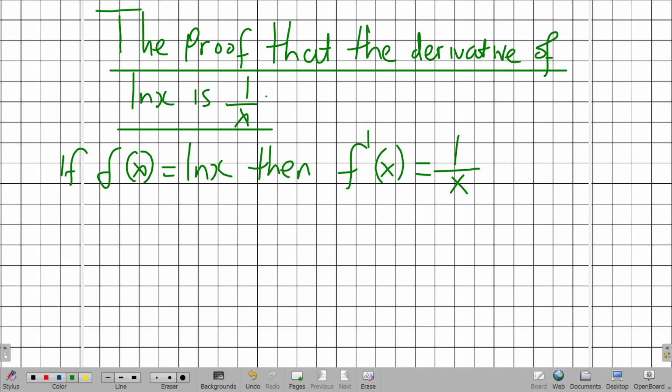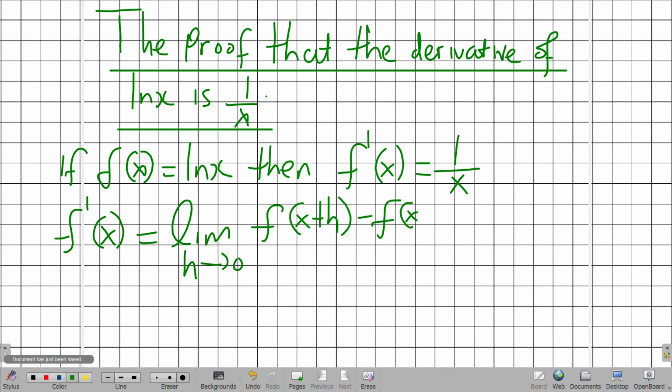The proof is done in a very simple way, that is to use the first principle formula of the derivative, which says f prime of x is equal to the limit as h approaches 0 of f of x plus h minus f of x, divided by h.